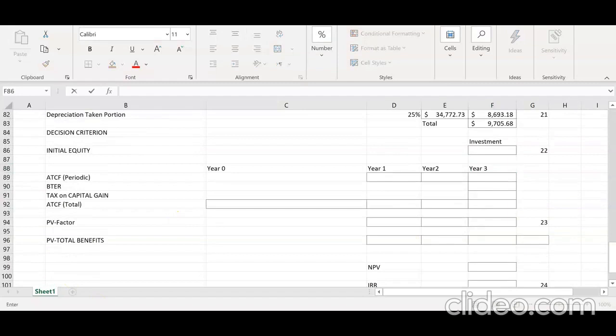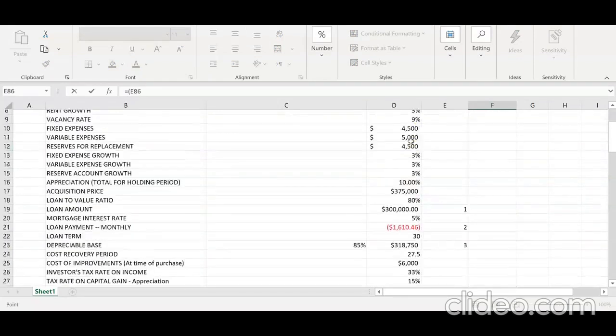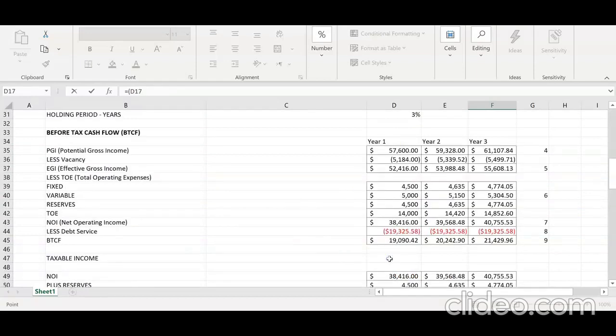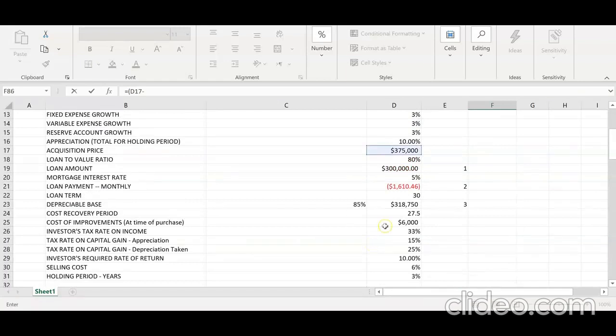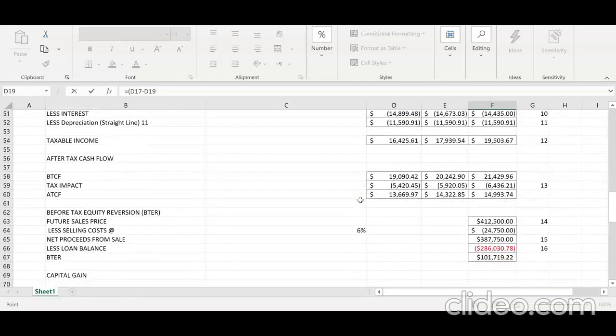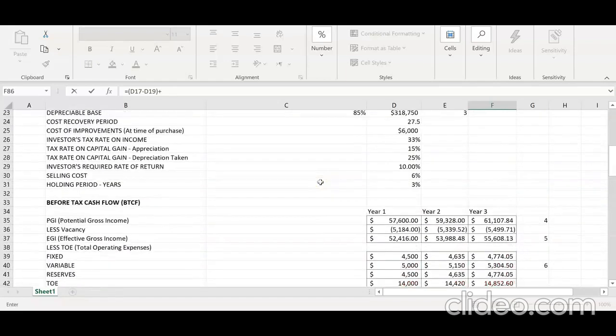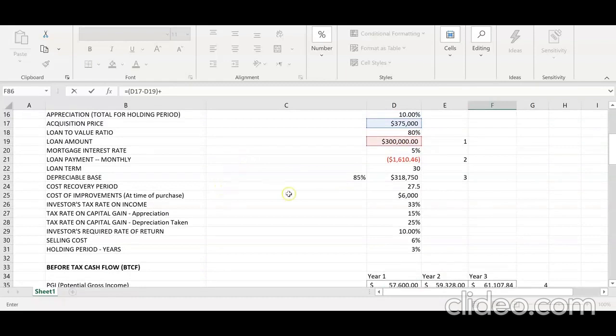Next part, for the investment column, we can use parentheses and then use the acquisition price minus the loan amount, the loan to value ratio, or the loan amount, and then close the parentheses, and then we're going to add up the cost of improvements.